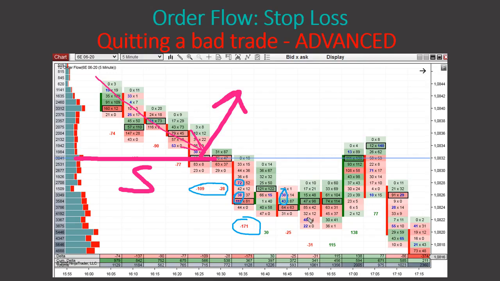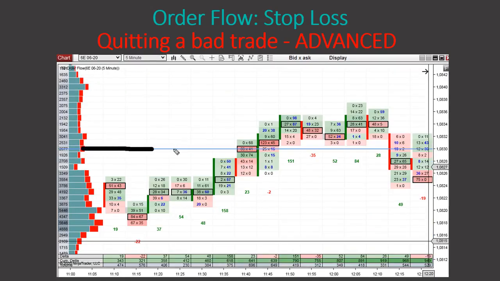More selling imbalances, those selling imbalances in here, the price is below your level, the whole 5-minute candles below your level, which is another warning. So when there is a pullback to your entry point, this is the best place to quit your trade. Don't hope that the price will turn and go upwards, because the sellers are clearly stronger in here, so you want to quit your trade when you are offered a chance. And this chance doesn't usually last too long, so you need to be quick, alright?